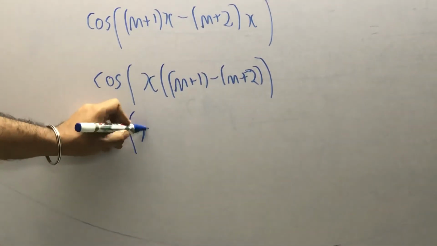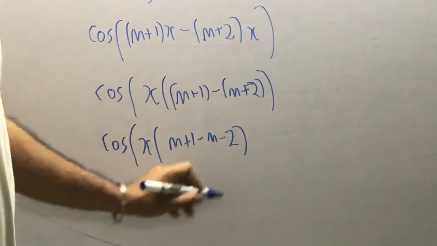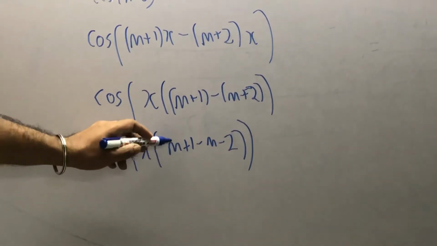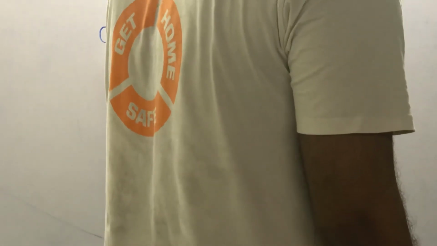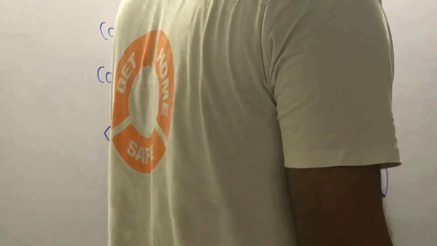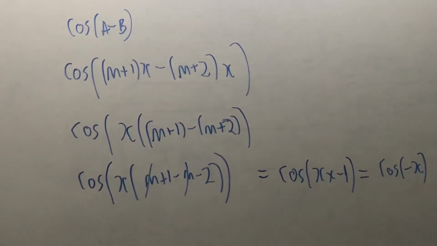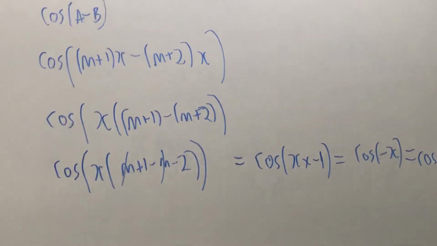Now n minus n is 0 and 1 minus 2 is minus 1. So cos x into minus 1. This will be cos of minus x, and cos of minus theta is cos theta. So this will be equal to cos x. So your answer is cos x. Hence LHS is equal to RHS, hence proved.